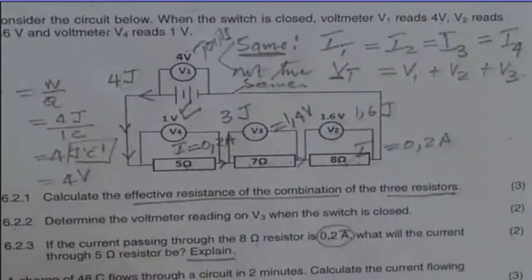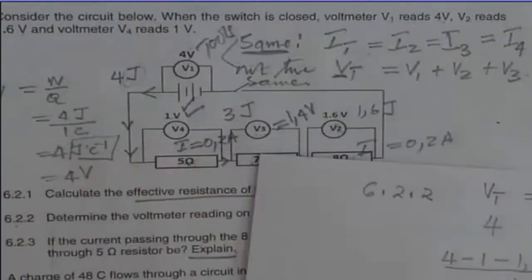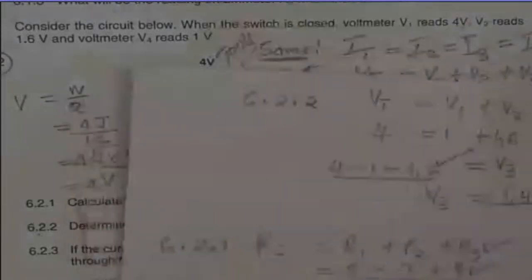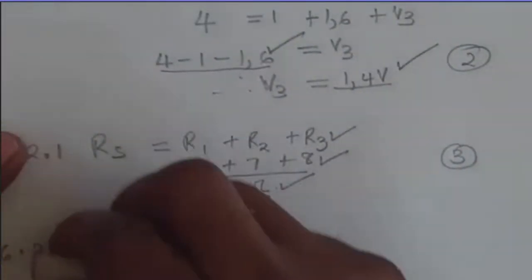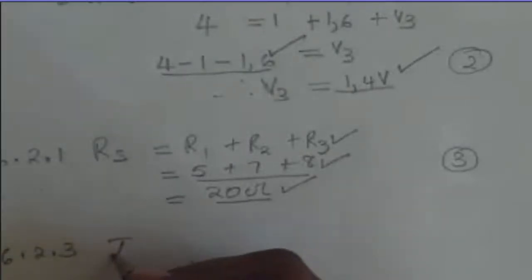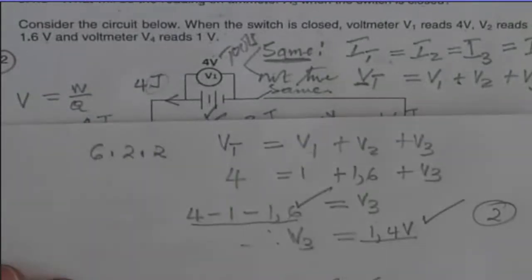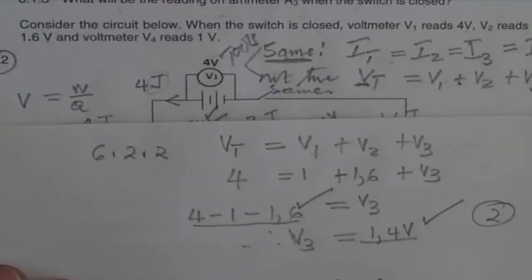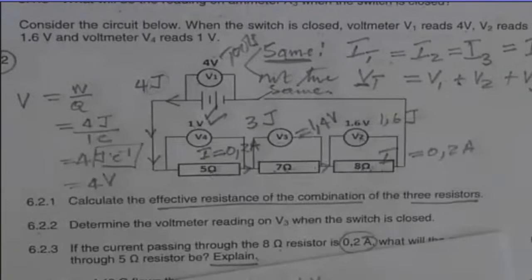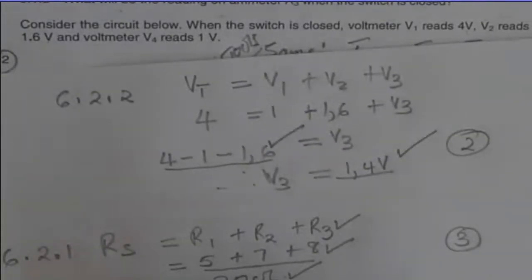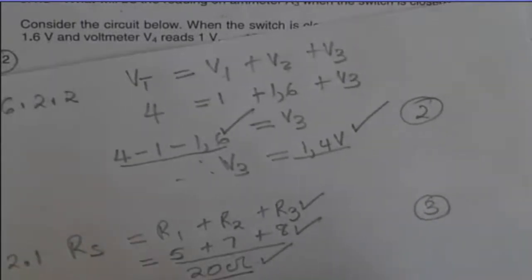So you'll say 6.2.3, the current passing through the 5 ohm resistor will be the same as the current passing through the 8 ohm resistor, 0.2 ampere. Why?